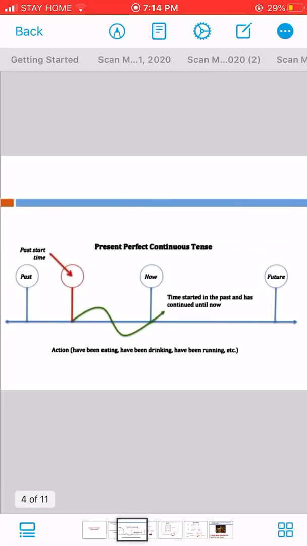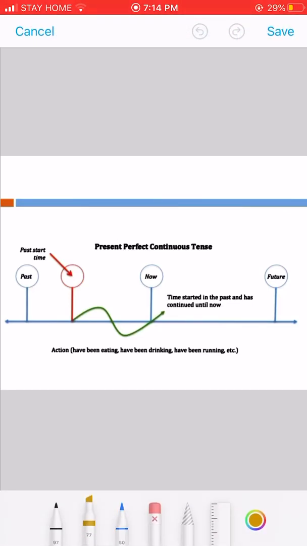Now look at this picture. Present perfect continuous tense, or present perfect progressive. Look at the past, now, and the future. إذا الماضي والحاضر اللي هو الآن والمستقبل. بقول لك past start time، هنا وقت ابتداء الفعل in the past.